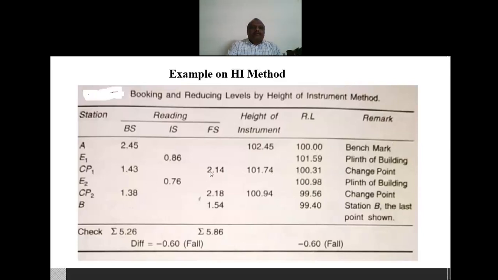And here a change point is required to carry out the survey. So if any change point is required, then automatically the foresight should be taken, that is 2.14, and without changing the staff, you should only change the instrument from one place to another.